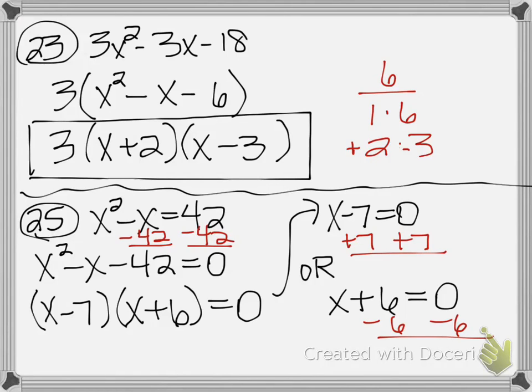So it looks like x could be 7 or x could be negative 6. So two answers there. X equals 7 or x equals negative 6.